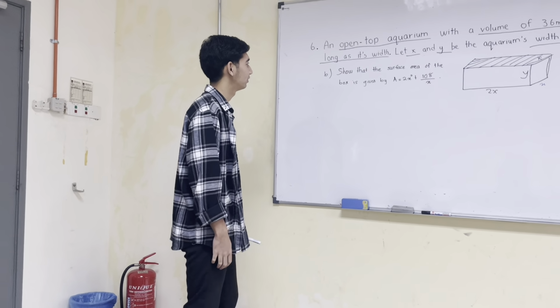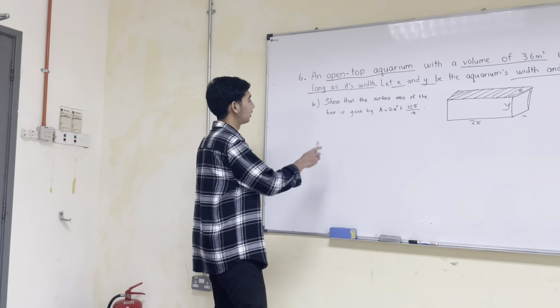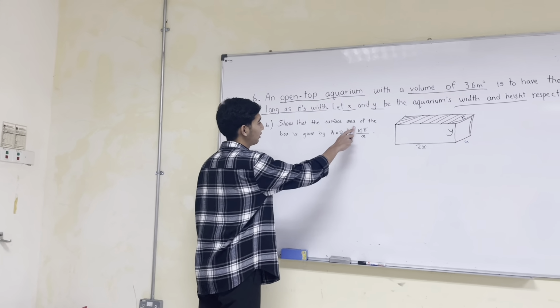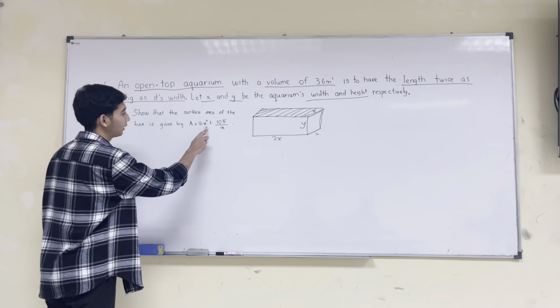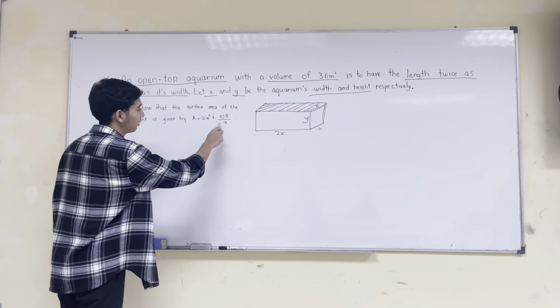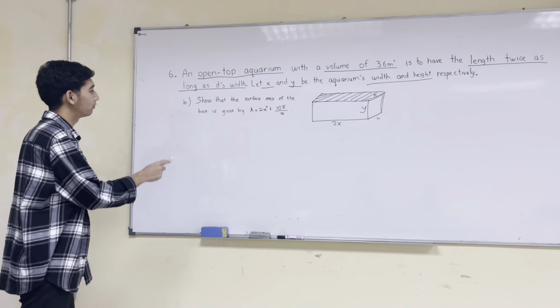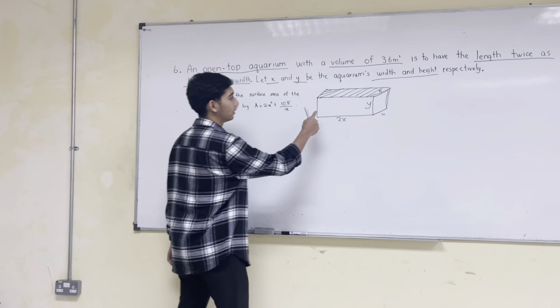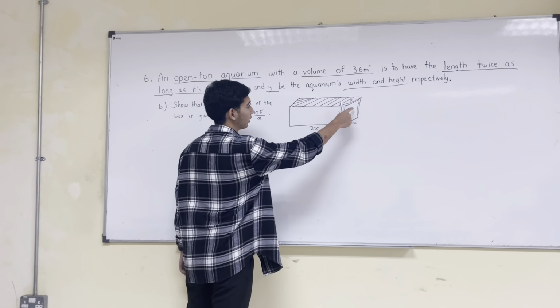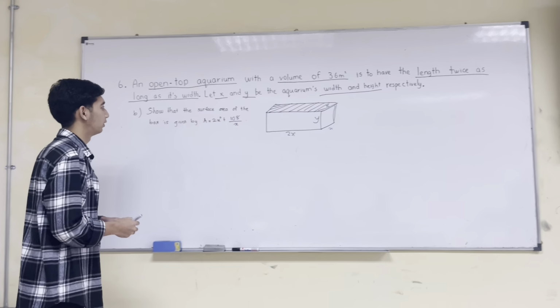Now let's take a look at question B. Show that the surface area of the box is given by A equals 2x squared plus 108 over x. To solve this question, we need to calculate all the surface area of the open top aquarium.